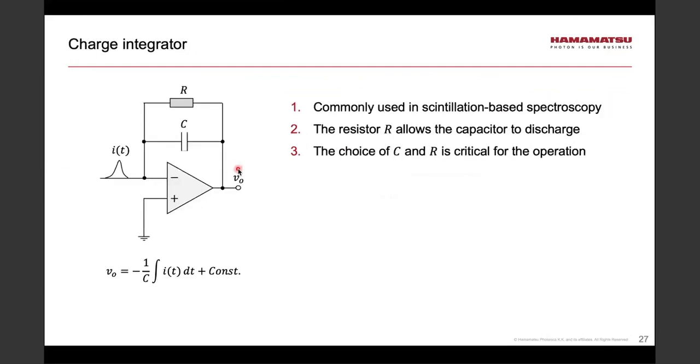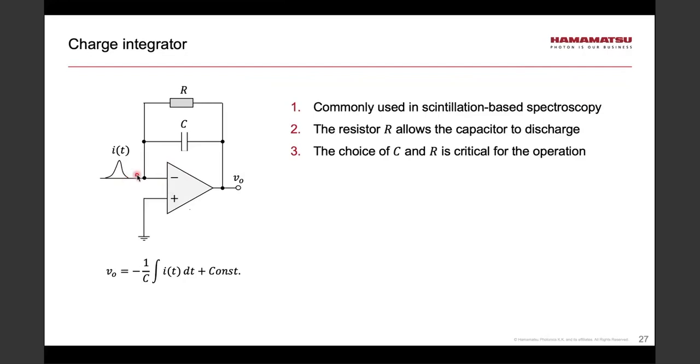In some situations, especially in scintillation-based observations, we would like to integrate a pulse, and so a charge integrator or charge amplifier can be employed. You would not want to use it in a DC or even AC operation. This is mostly used in pulse operation, where you have current pulses coming from a scintillator.